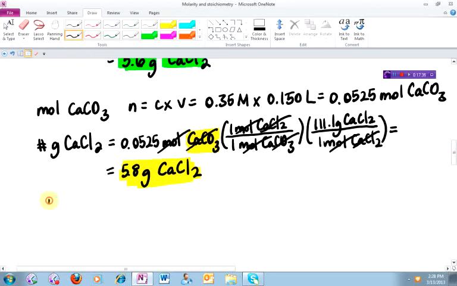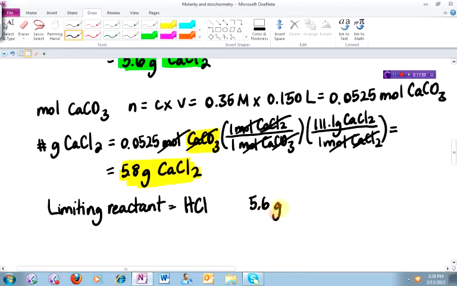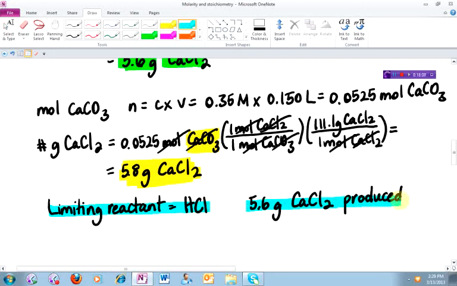Our limiting reactant is hydrochloric acid, and the amount produced is 5.6 grams CaCl2. So this is our answer.